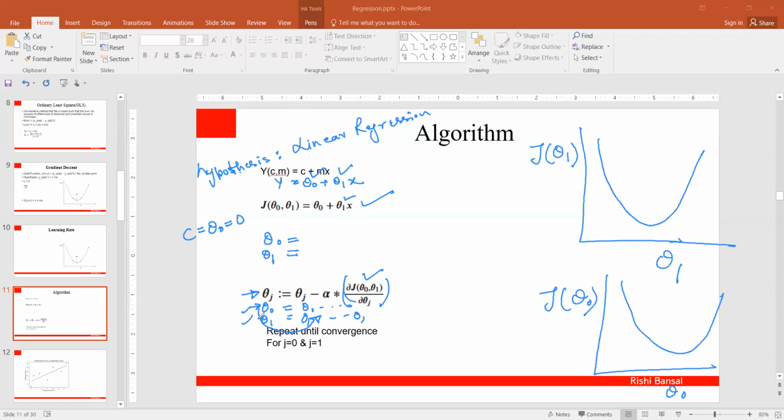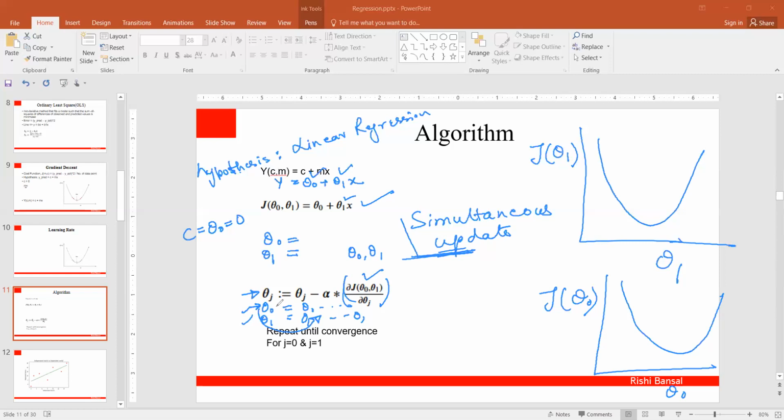So remember one word: simultaneous update. If you are not able to understand this simultaneous update, for now you can leave it. It is not easy to understand why it does a simultaneous update, but I am just trying to explain. Understand this j of theta 0 and theta 1: whatever values come from the previous iteration of theta 1 and theta 0, those values you need to put.